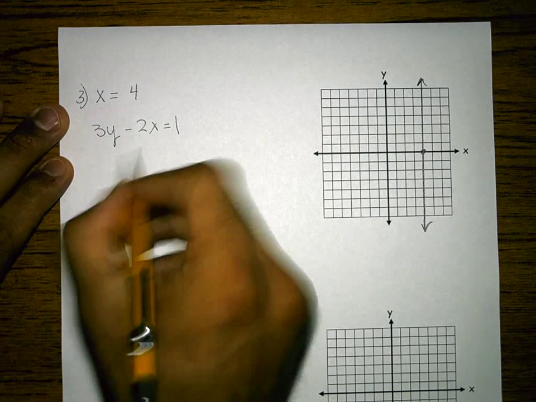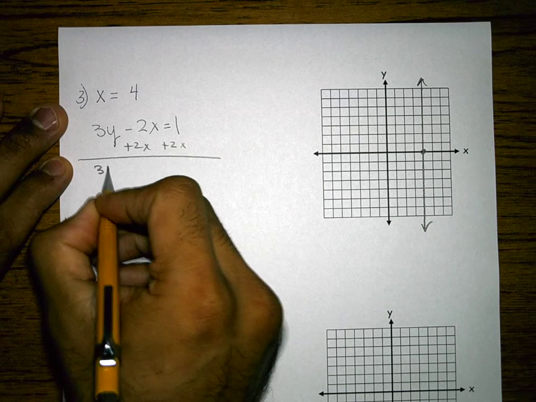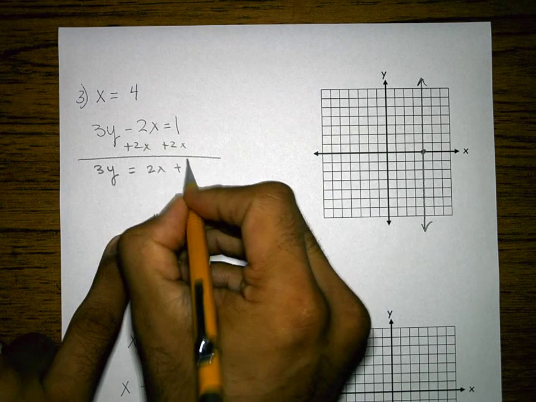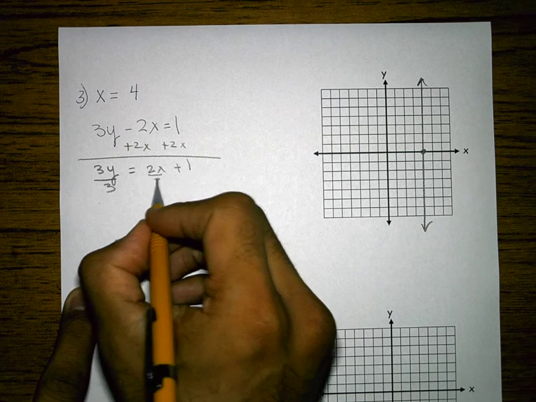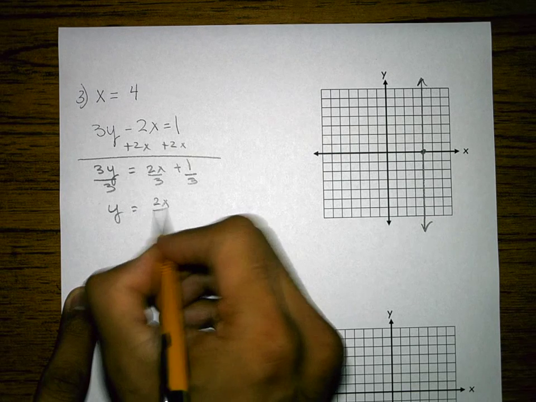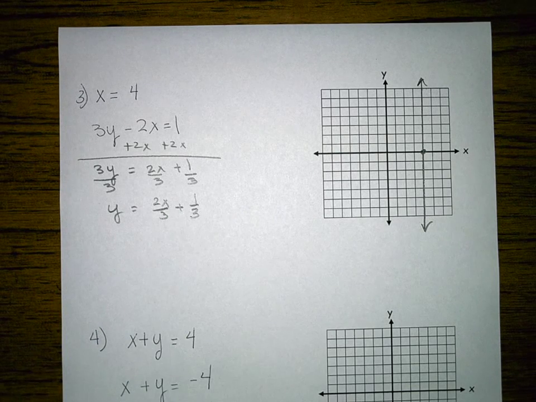And this one here, I'll solve for y. So that equals 2x plus 1, divided by 3. Okay. And we go right here.